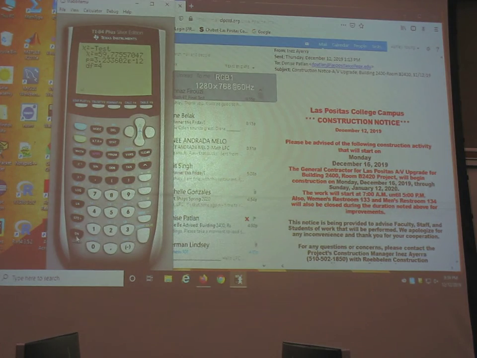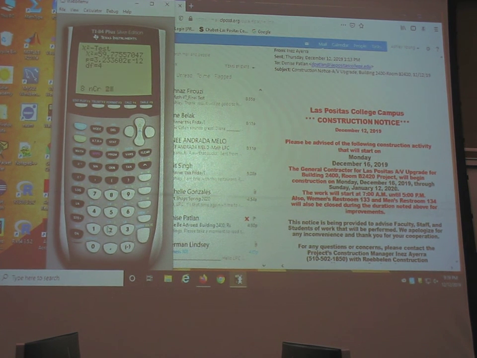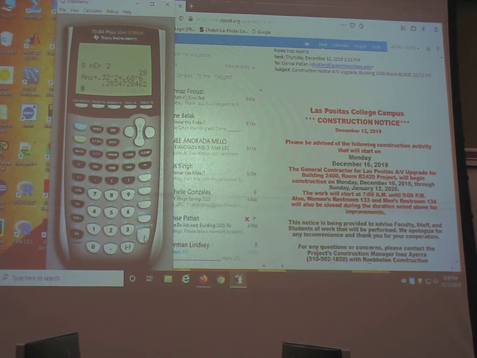All right, so I need 8 choose 2, so I'm going to put in 8, then math, probability, n choose r, 2, enter, times 0.32 to the second, times 0.68 to the sixth, and I got 0.2835.